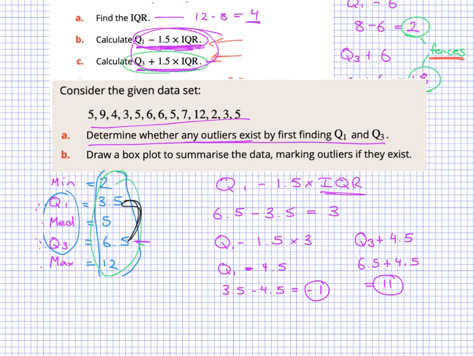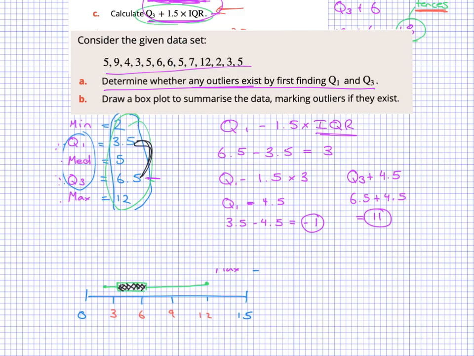So if I was to bring back this box plot for our previous data set, what we would be able to do is change the box plot to show this new information of having a fence at -1 and a fence at 11.